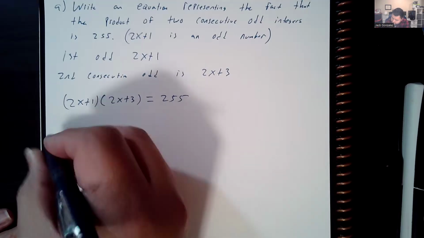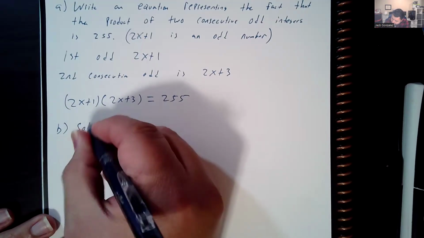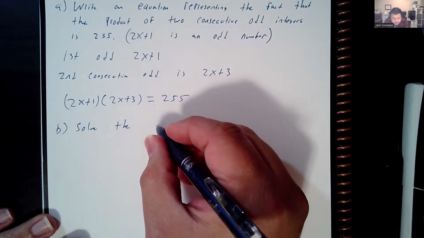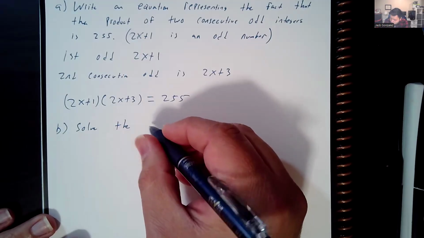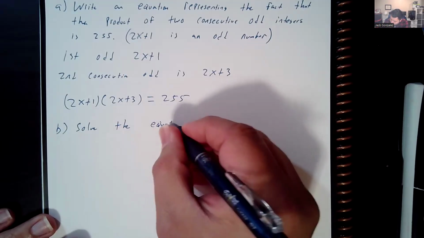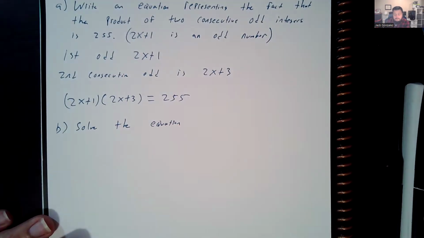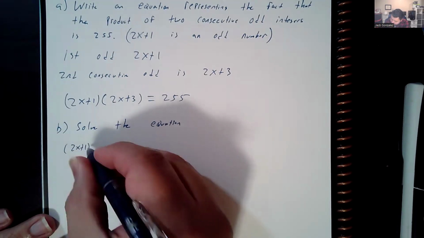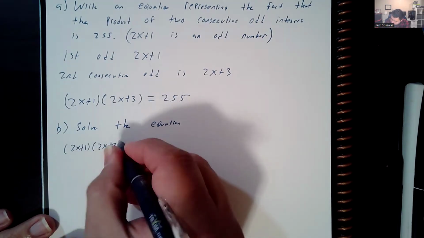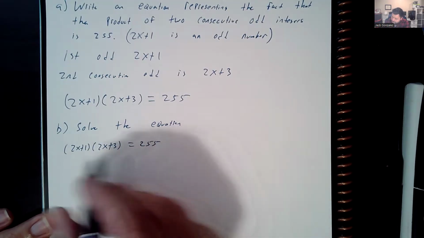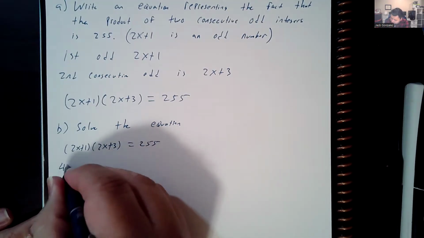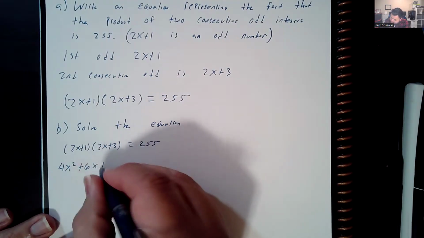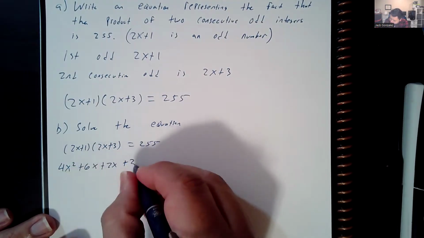Part B, solve the quadratic. Right. So multiply this out, we're going to get some stuff. 2x times 2x, 2x times 3, 1 times 2x, 1 times 3.